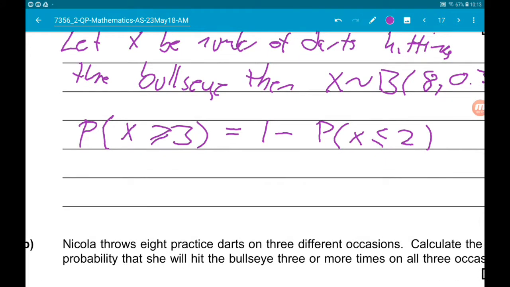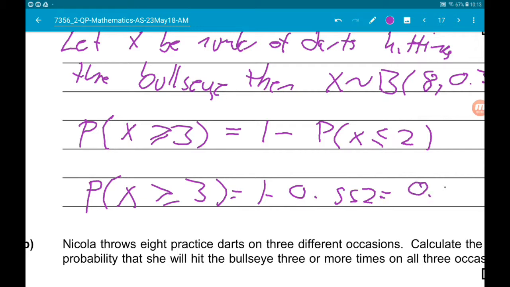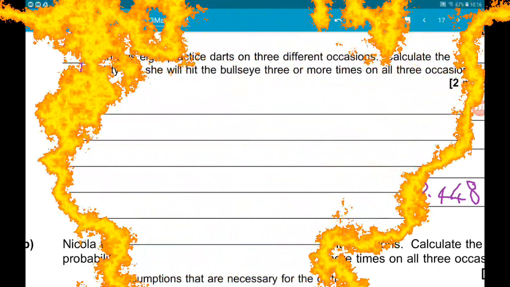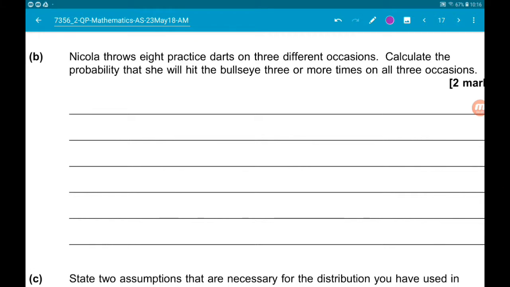So, the probability then that x is greater than or equal to 3 is 1 minus 0.552, which is 0.448. Cool.